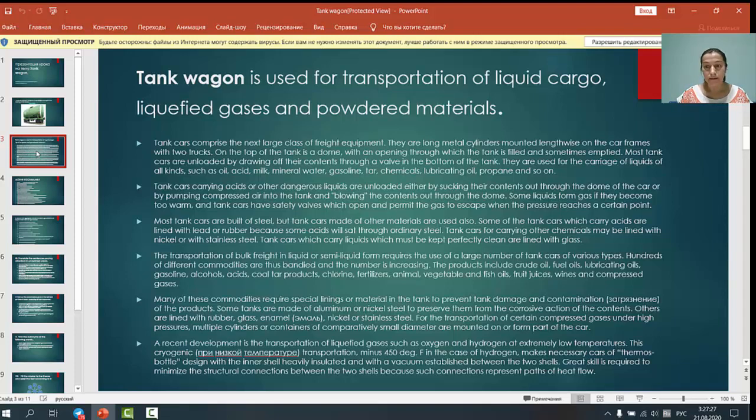Great skill is required to minimize the structural connections between the two shells because such connections represent paths of heat flow.